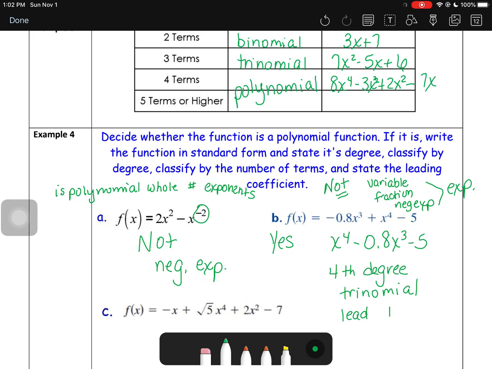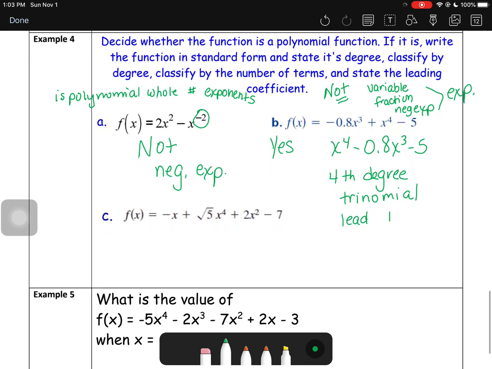All right, next question. Negative x, the square root of 5, x to the 4th, 2x squared minus 7. Yes, this is a polynomial. The first term would be the x to the 4th term, so we'll have square root of 5, x to the 4th. Then we have 2x squared minus x minus 7.